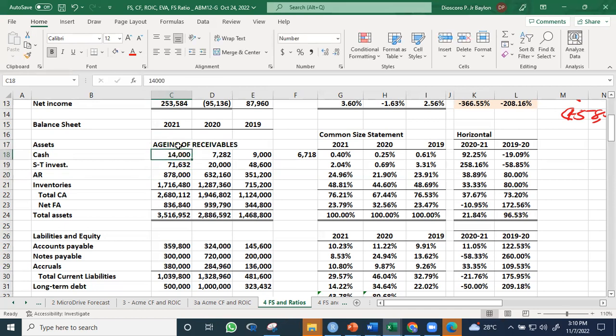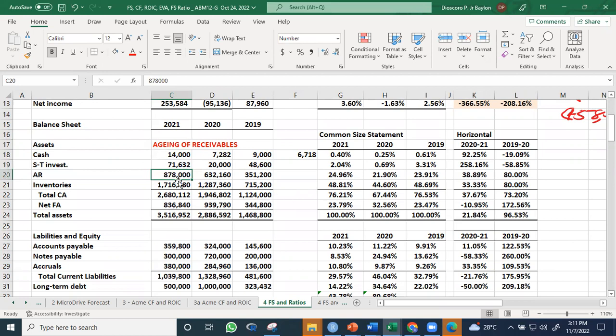So what does aging of receivables mean? It tells us how much of the receivables is already due for 90 days, how many are just 60 days due, how many are just 30 days due, and how many are not yet due. Let's suppose many of the receivables are already overdue.